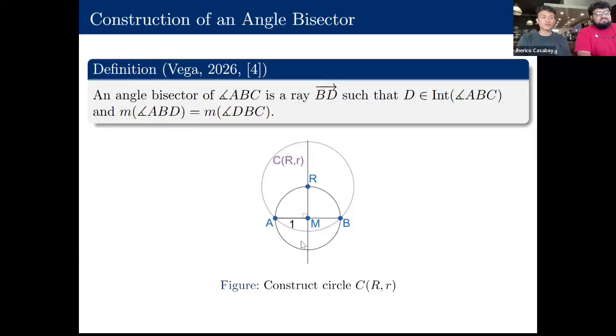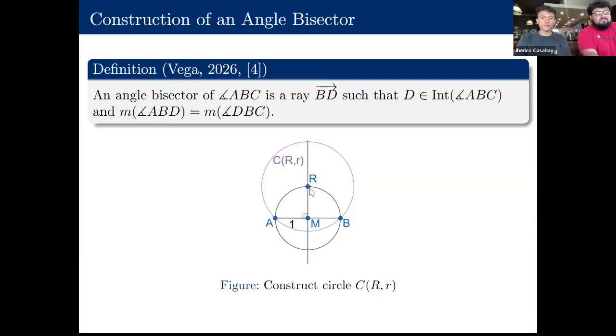Using a similar construction to our perpendicular bisector, we are going to construct the circle R, where R is the intersection between the circle with M as the center and points A and B being points on the circle. And we're going to construct the circle with R as the center and points A and B on that circle.